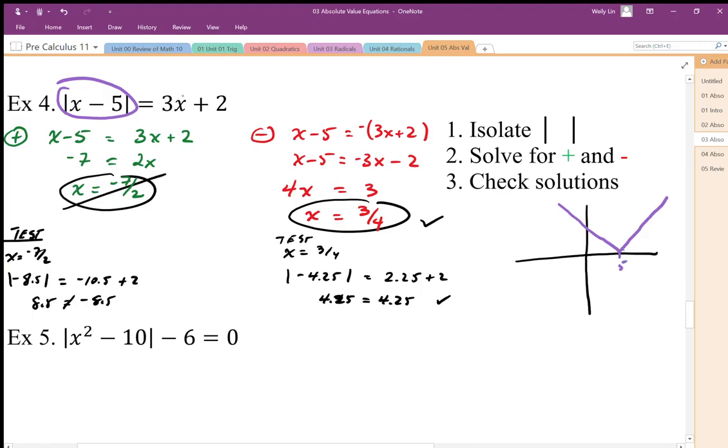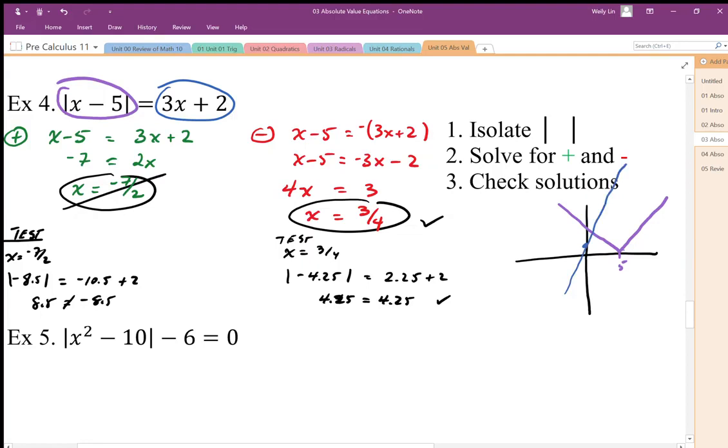And if I were to graph this other portion, 3x plus 2, maybe I'll choose blue. That's a linear equation with a slope of 3 and a y-intercept of 2. So it's here, and it's a bit steeper like that.